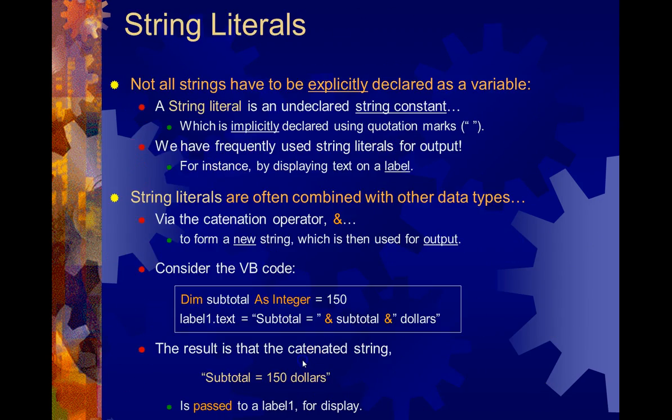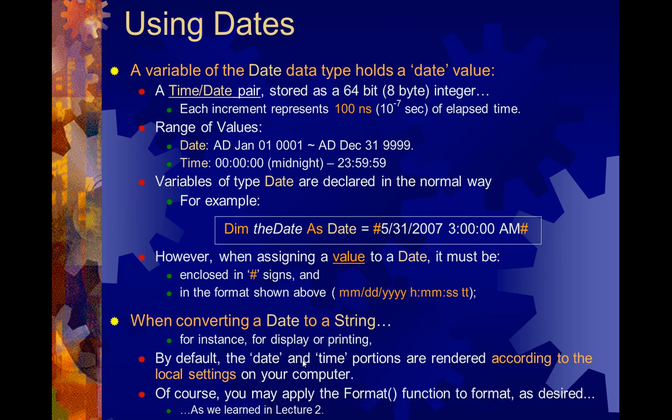Okay, so we have a date type, and that will hopefully store a date. A date time pair stored as a 64-bit, 8-byte integer. Each increment represents 100 nanoseconds, 10 to the negative 7 seconds of elapsed time.